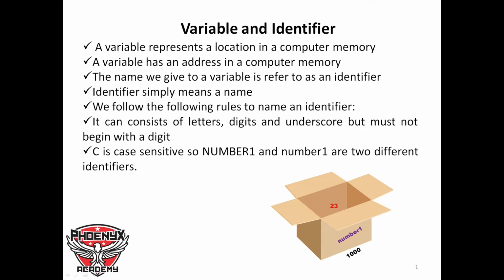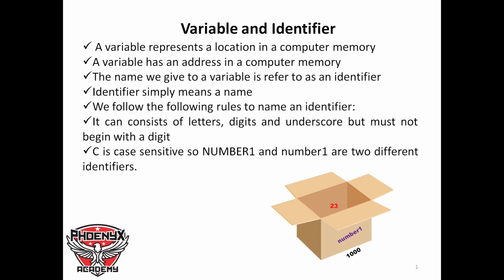And the name we give to a variable is referred to as an identifier. So in this case, number 1 is the identifier that we give to a variable. So an identifier simply means a name. Any name that we designate to our variable is referred to as an identifier in programming terminology.